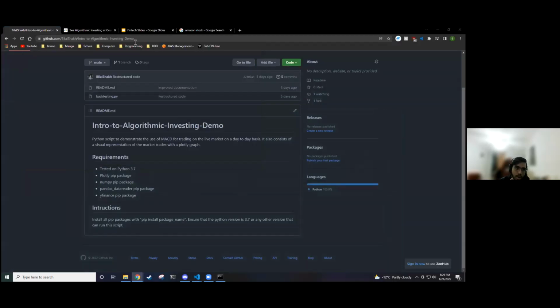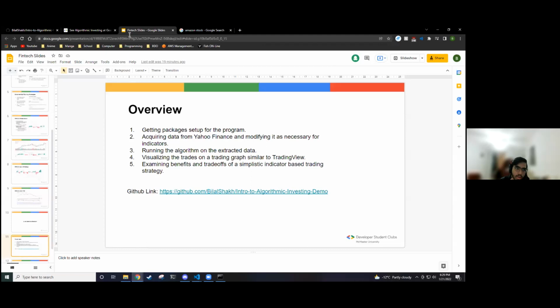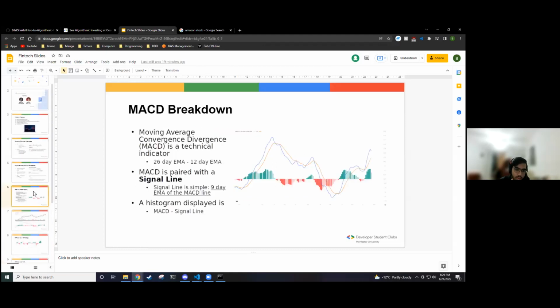The MACD right here, as you can see, is the 26-day EMA minus the 12-day EMA. And that's how we get the MACD. So let's work towards that. For the first step, we need to get the 26-day EMA and the 12-day EMA. So let's just start with the 12-day EMA first.